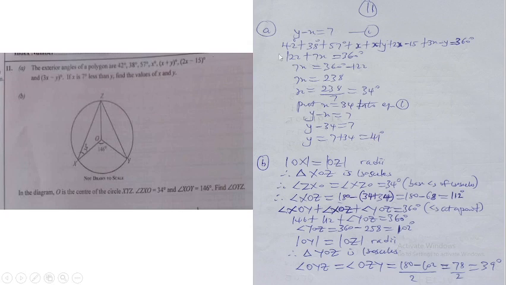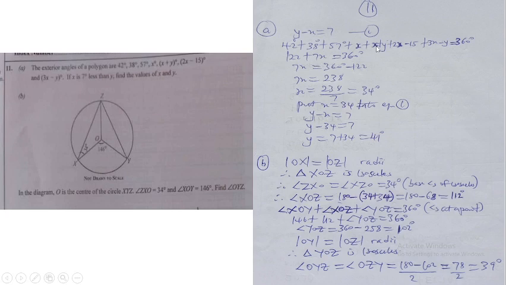So that's what we did here. We added all the exterior angles given to us up to this level together, and that will give us 360 degrees. If you collect like terms, 42 plus 38 plus 57 minus 15, that will give us 122.